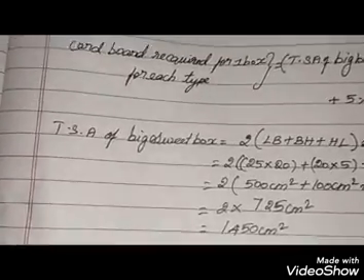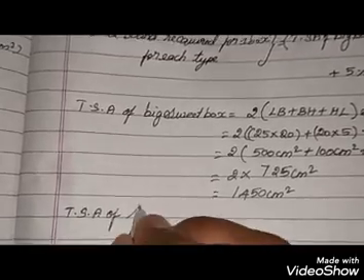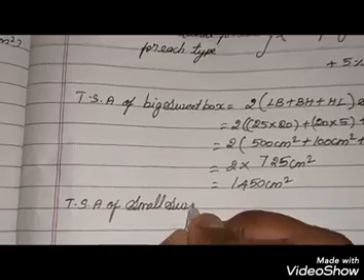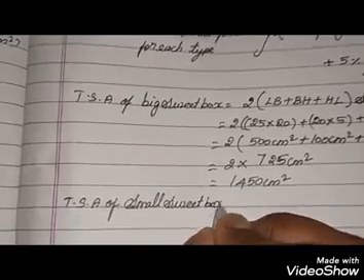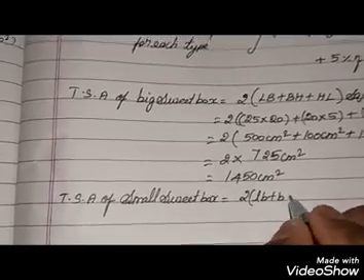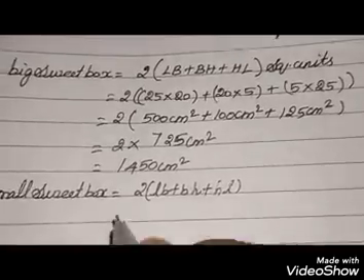Now we find the total surface area of a small sweet box. It is 2 into the same formula, and I use small letters for the small box, in square units.